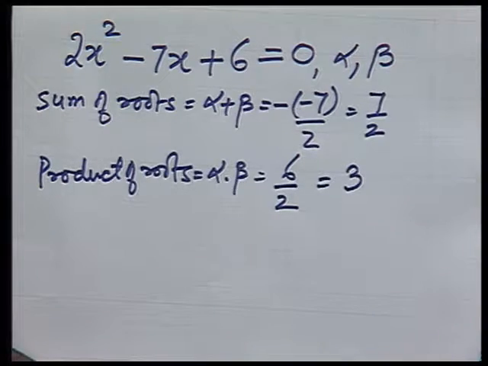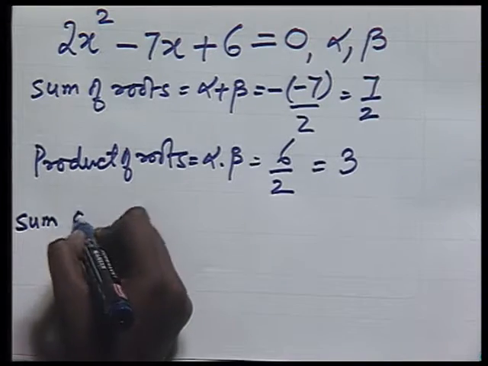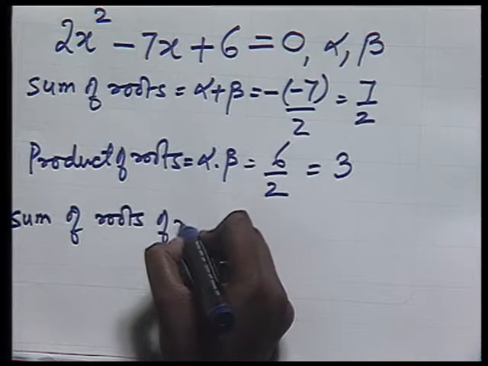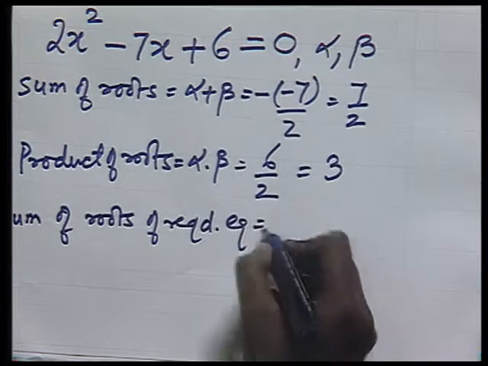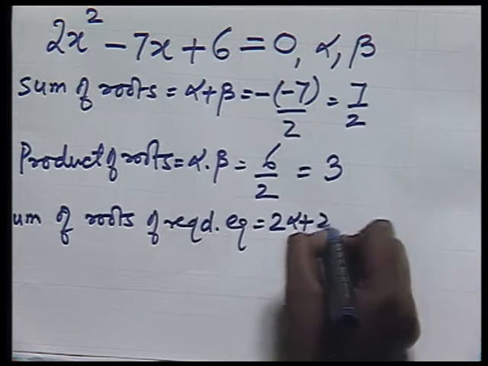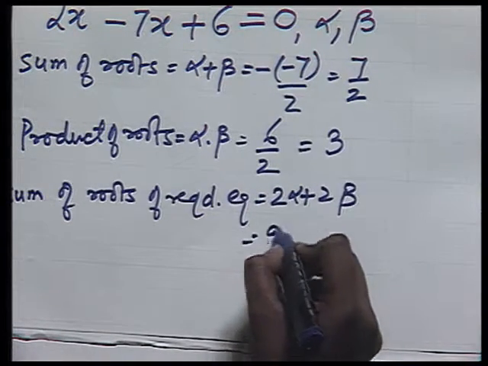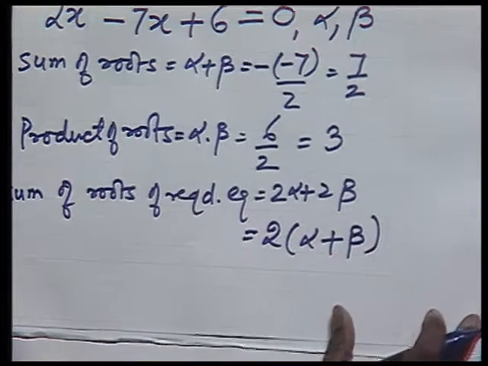What do you think will be the roots of the required equation? Naturally, they will be 2 alpha and 2 beta. So, the sum of the roots of the required equation will be equal to 2 alpha plus 2 beta, which is equal to 2 times alpha plus beta.